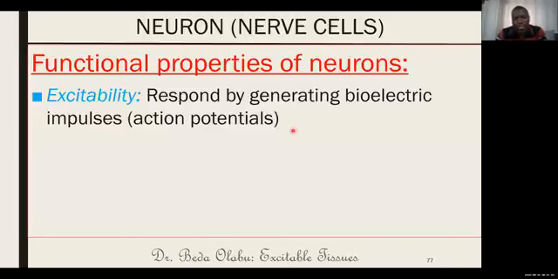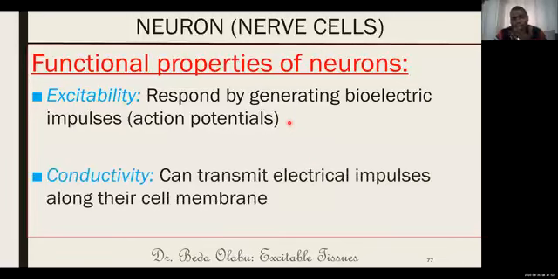The second property of neurons is conductivity. Conductivity is the ability to transmit electrical impulses, usually along the cell membrane of that particular cell. So neurons can generate impulses, and neurons can also transmit these impulses along the cell membrane.